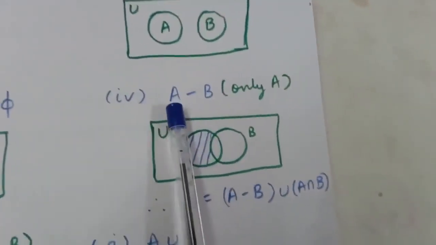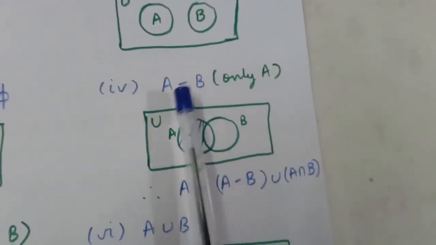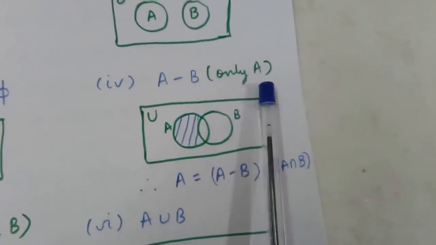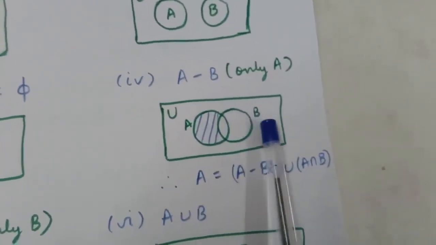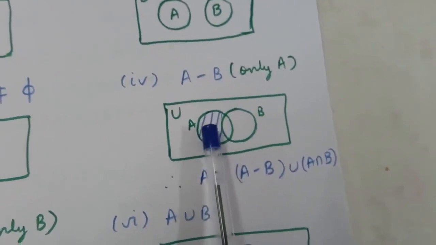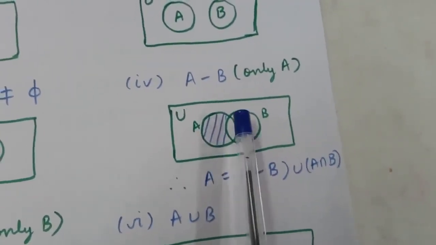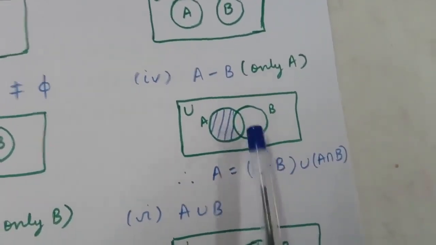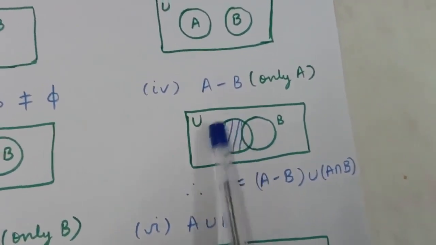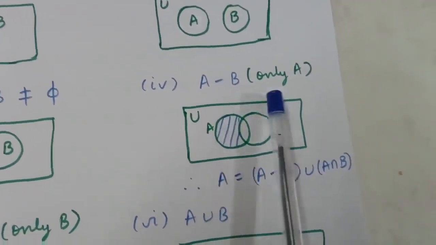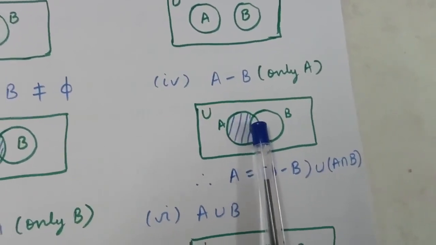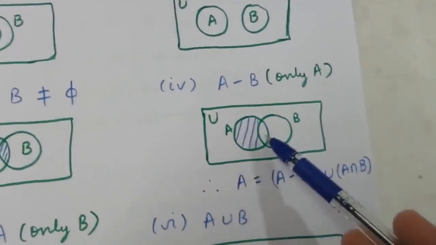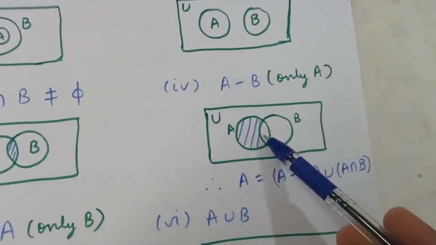Next comes the set A minus B. What this says, it means only A. This set is set A, this is our set B, as this set A will include this shaded portion and the portion A intersection B also, right? So this set is complete A, but the set which is just only A is the shaded part, because this particular part includes A intersection B also.